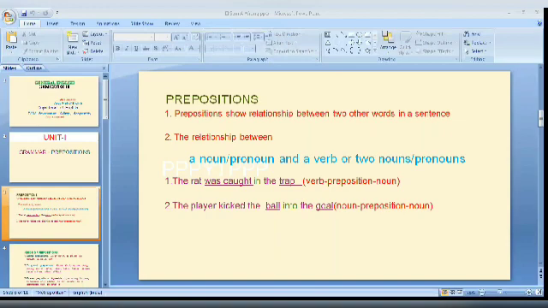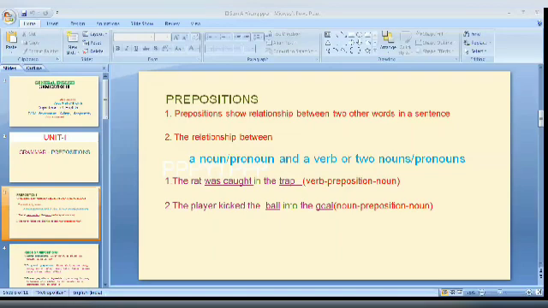If two or more words are present in a sentence, then the relationship between these words is told by prepositions. So basically, prepositions tell about how the different things or words in a sentence are related. Usually, the relationship between a noun or a pronoun and a verb. But sometimes the relationship between two nouns or two pronouns.